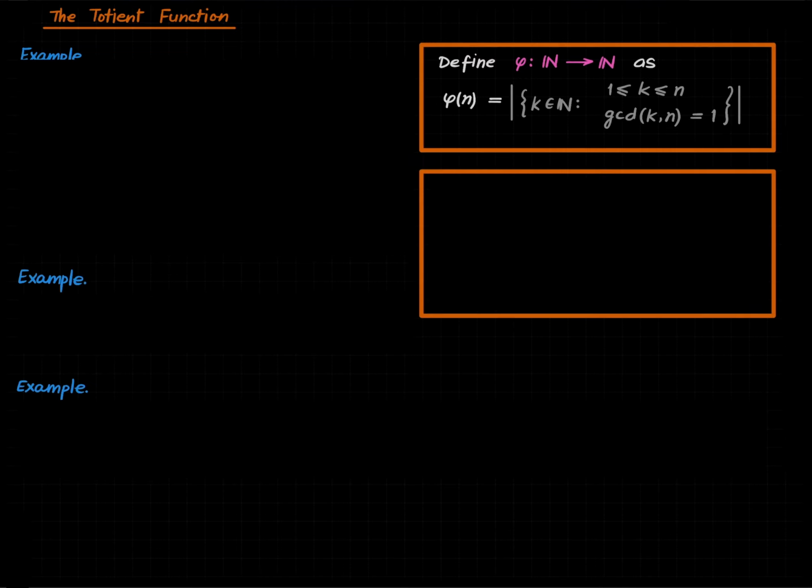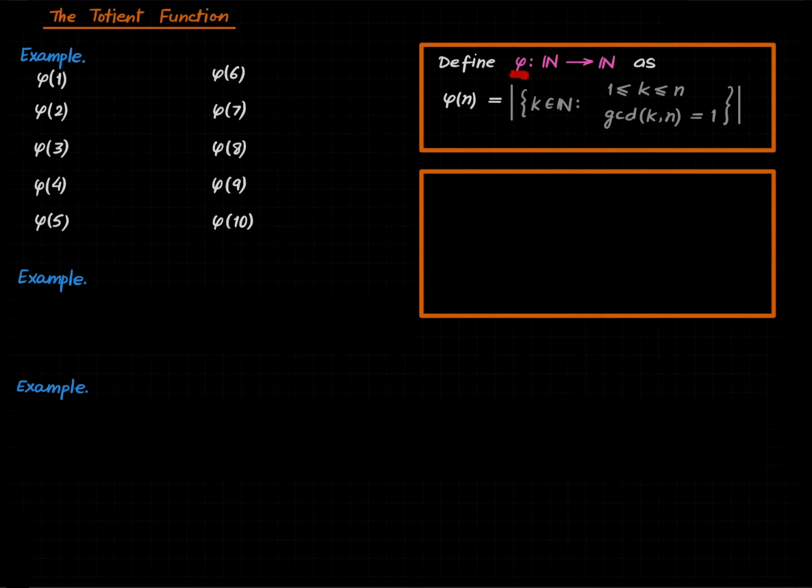And before I make a small note, I need to discuss some examples. So let's write down the values of this function phi for at least the first few integers. So phi of 1 is 1. That should be clear immediately. Phi of 2 is also 1. Because what are all the natural numbers which are between 1 and 2?